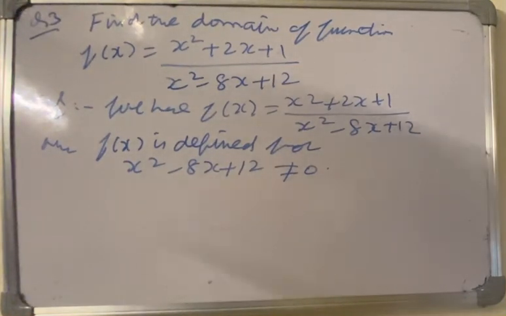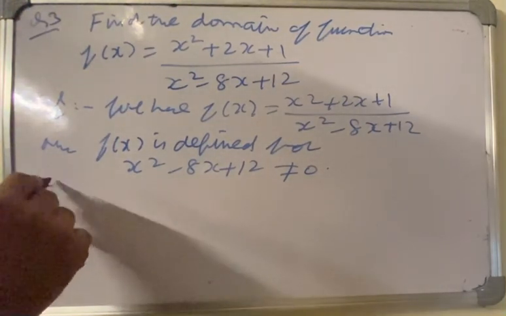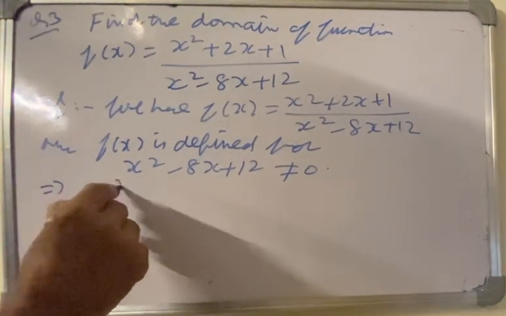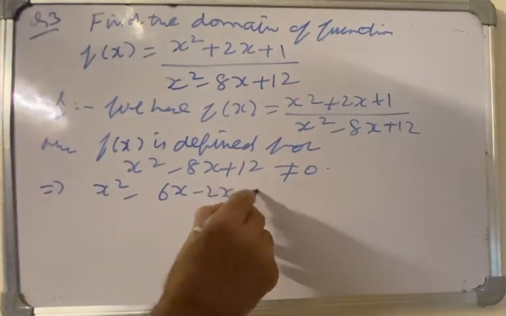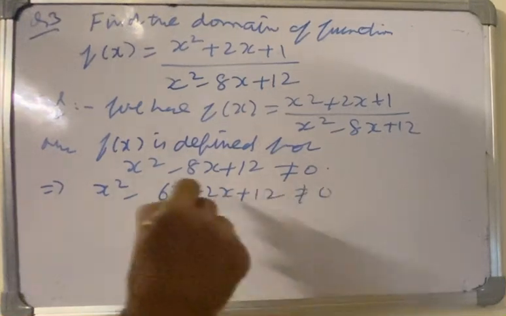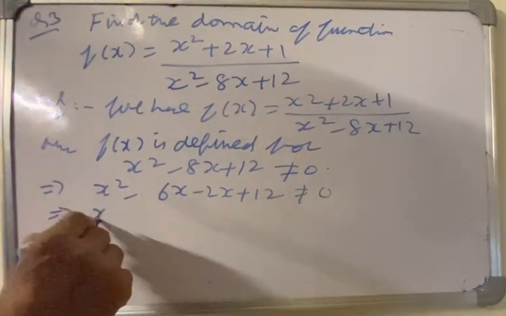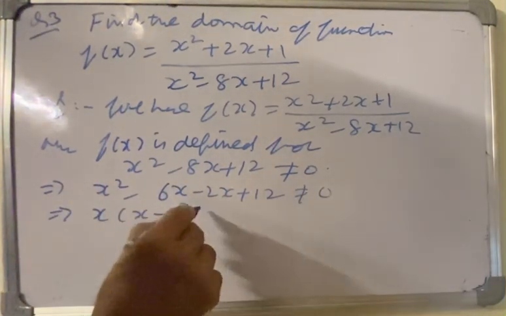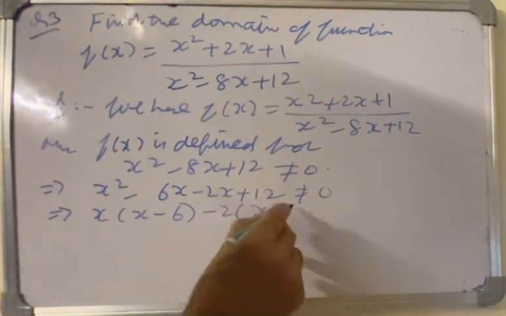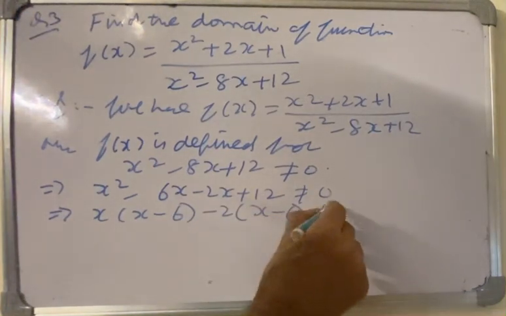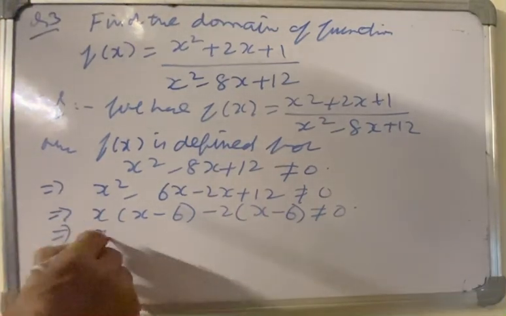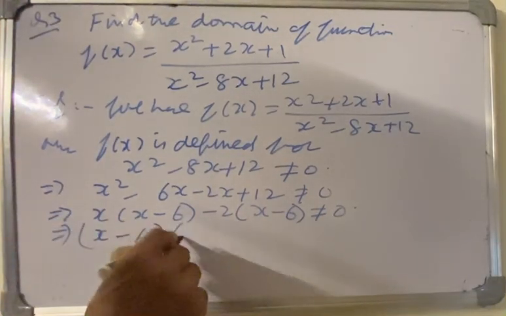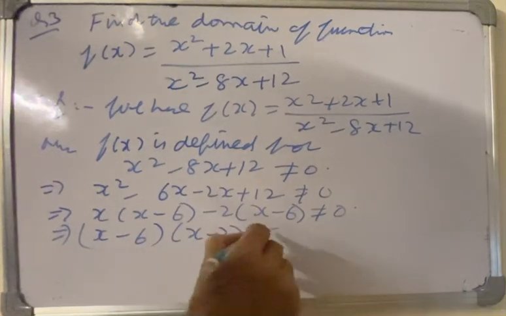Now we solve this. x squared minus 6x minus 2x plus 12 is not equal to 0. We factorize this: x into (x minus 6) minus 2 into (x minus 6) is not equal to 0. That means (x minus 6) common into (x minus 2) is not equal to 0.